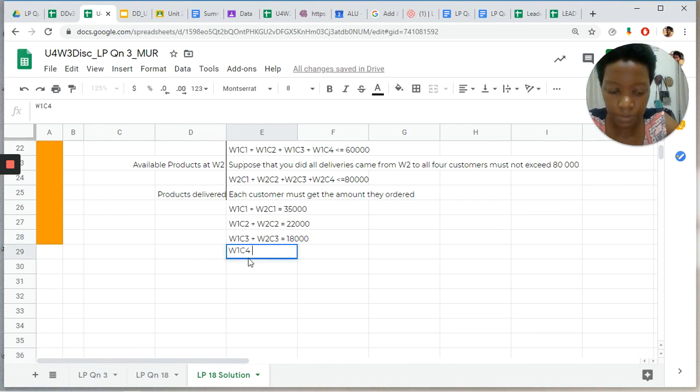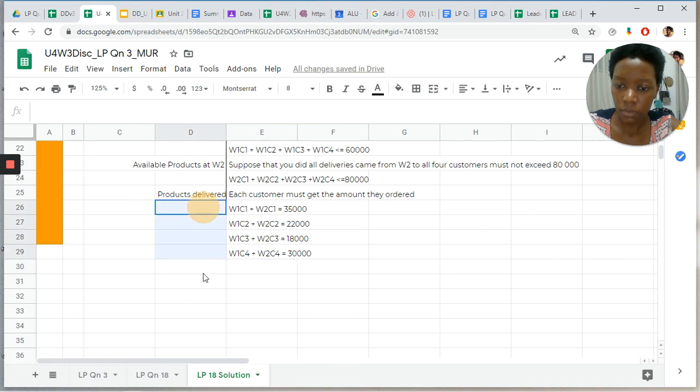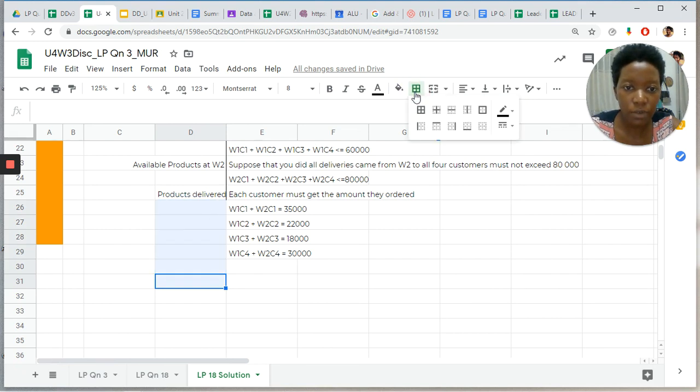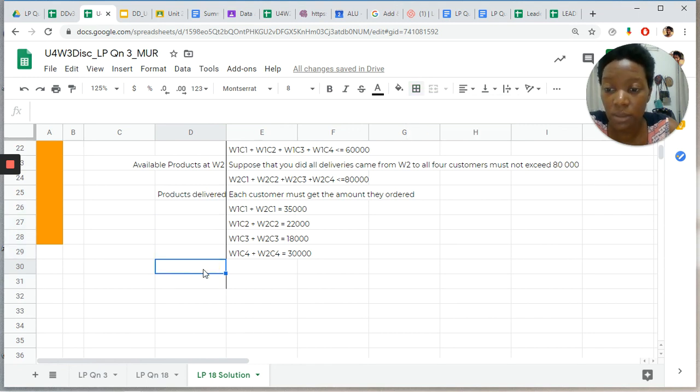Warehouse 1 to Jude plus warehouse 2 to Jude must equal the 30,000 that he ordered. Okay, and that's all of our customer orders catered for. Trying to make sure that the customer gets exactly what they ordered. I'm not using a less than or a greater than or equal to because that allows me to exceed or go under that order amount, which is not a preferable solution for the customer or for the supplier.